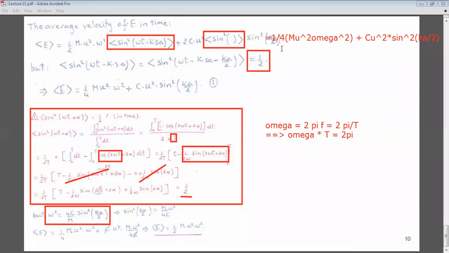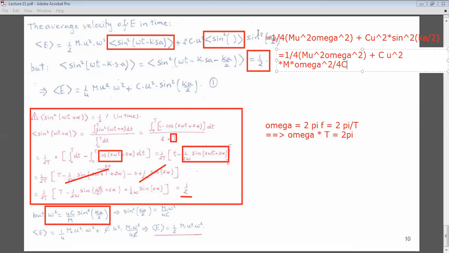So I come to this equation: this is equal to 1 over 4 m u square omega square plus c u square. Instead of sine square ka over 2, I will put m omega square over 4c.